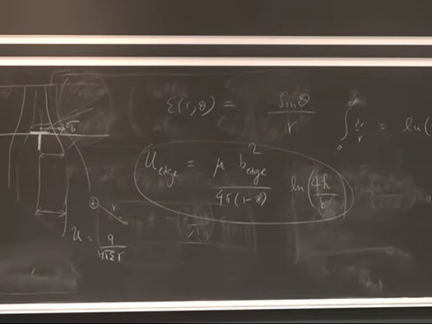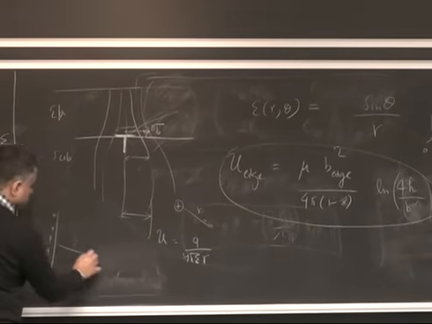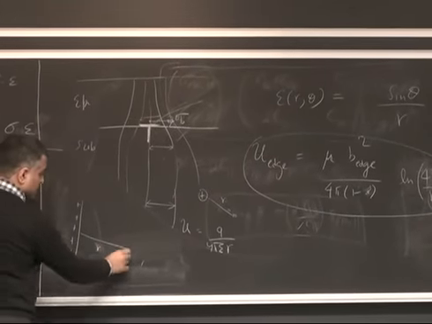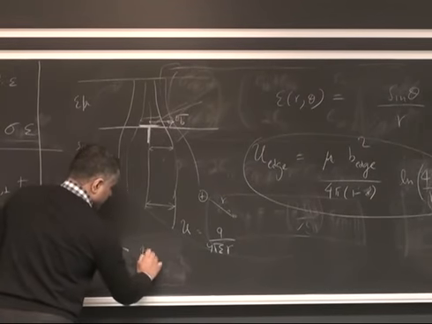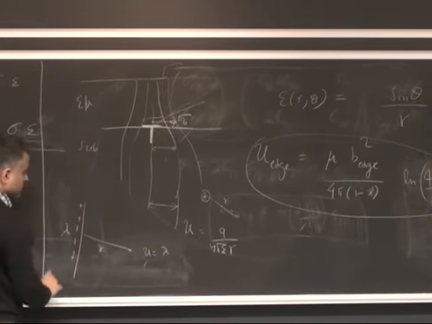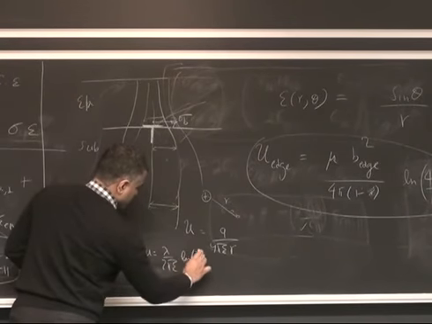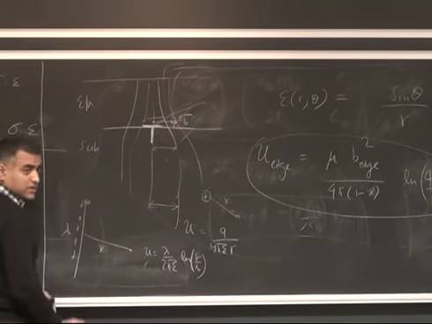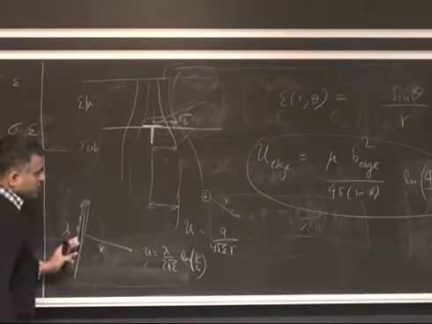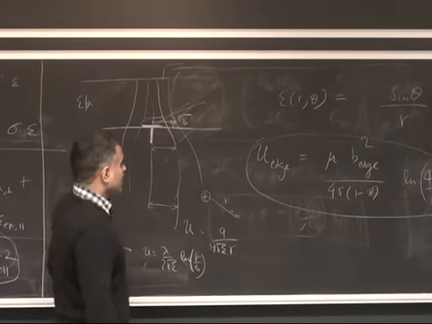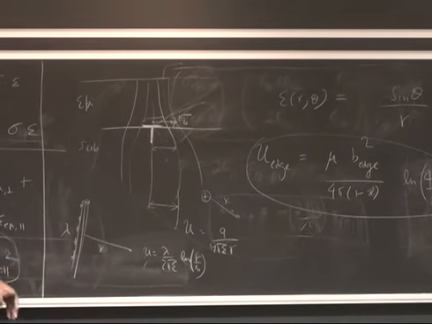But if you take a line charge and go a distance R from it, the potential, if the line charge density is lambda, is lambda over 2 pi epsilon times natural log of R over R naught, where R naught is the radius of the cylinder. You've probably seen that, and this is exactly similar. There's no difference.